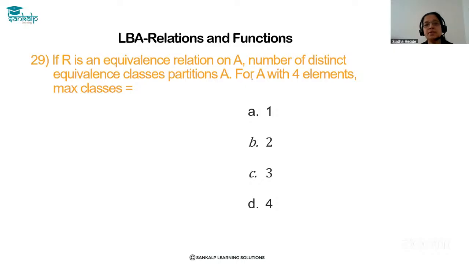Hi students. If R is an equivalence relation on A, the number of distinct equivalence classes partitions A. For A with 4 elements, the maximum number of classes is equal to.